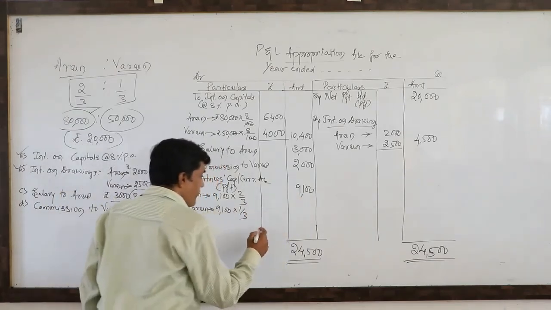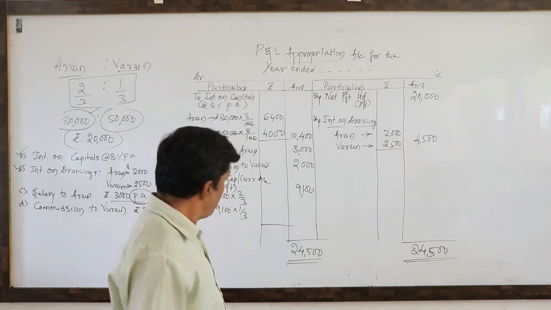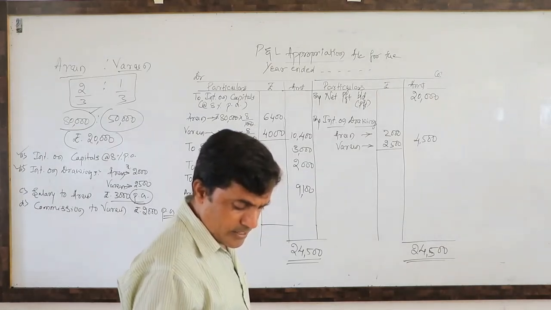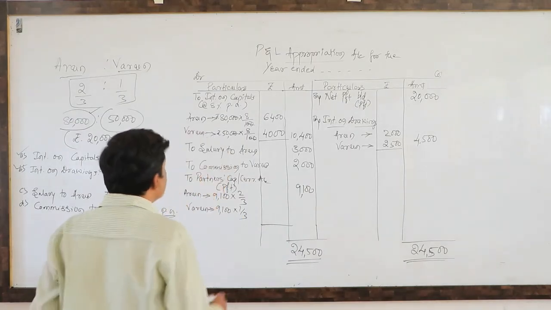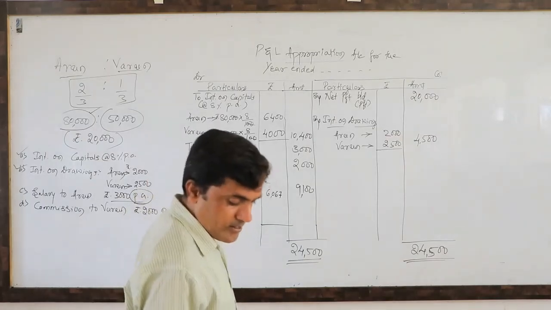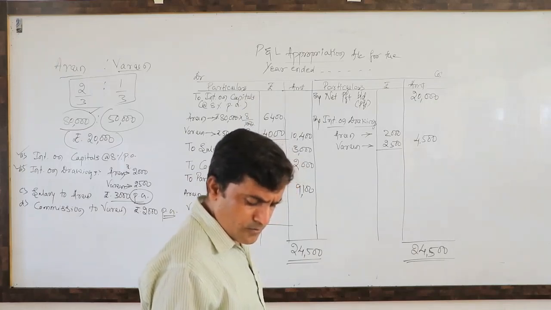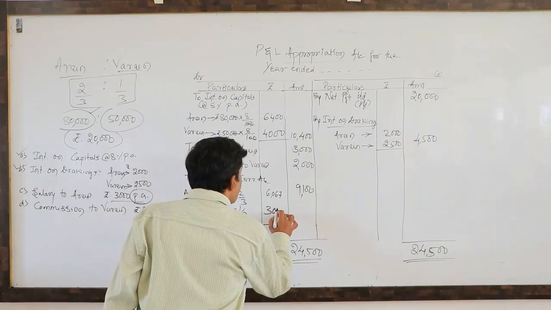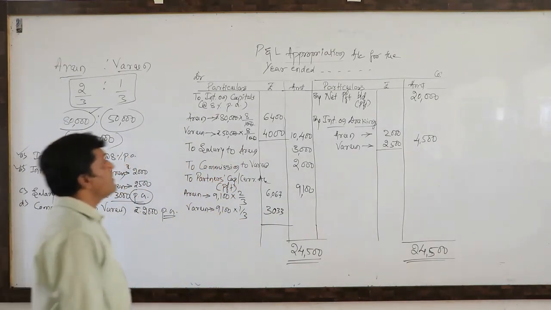Arun: 9100 into 2/3. Varun: 9100 into 1/3. We need to distribute this 9100. 9100 into 2/3 gives 6066.66, or you can round it to 6067. And 9100 into 1/3 gives 3033.33; by rounding off, you get 3033. So this is the way of solving the problem.